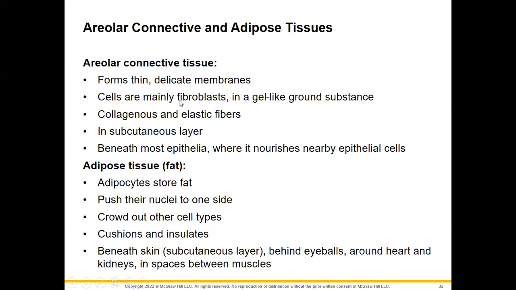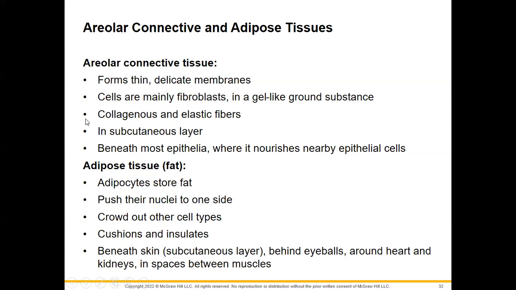These cells are mainly fibroblasts. So your areolar connective tissue are going to be mostly made up of fibroblasts that produce fibers, that build fibers and lay it down in that extracellular matrix or that ground substance within those tissues.